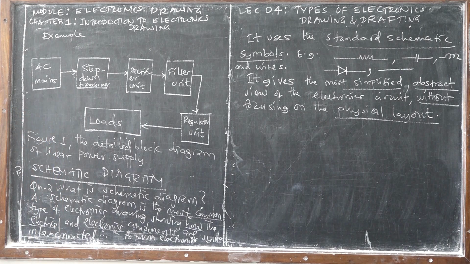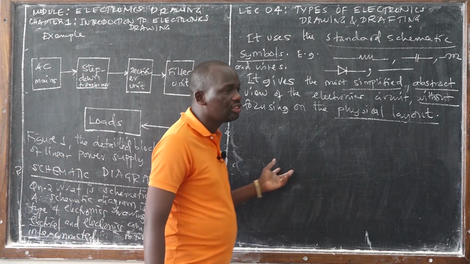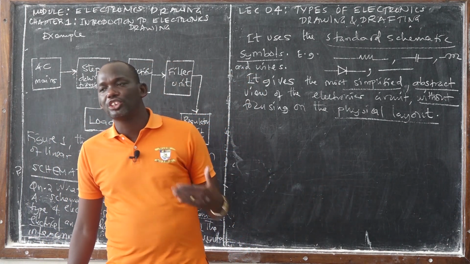But the second limitation says that schematic diagrams do not include the values of electronics components.